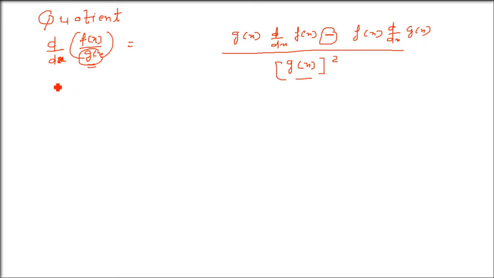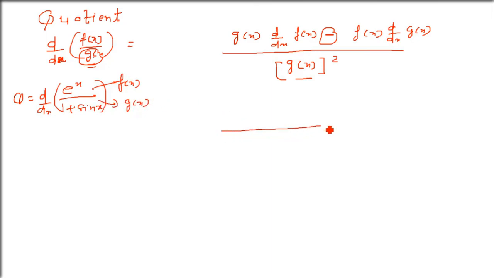We'll take one more example for this quotient rule to elaborate. Let us take the function e raised x by 1 plus sin x. If we have to find d by dx of this, e^x is your f(x) and 1 plus sin x is your g(x).